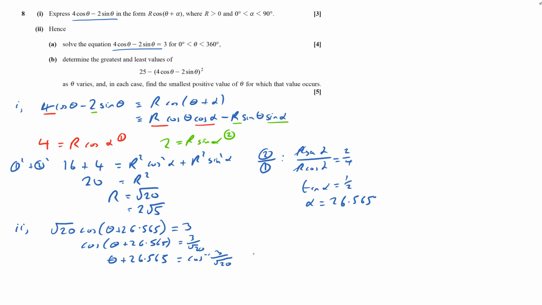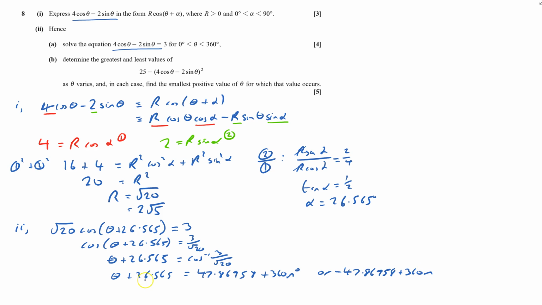And then I've got to work out what this is. So theta plus 26.565 equals 47.86958. Or, when I do the inverse of cos, I'll always get that, or I get negative that, so negative 47.86958. And each of those repeats every 360n degrees, so plus 360n.